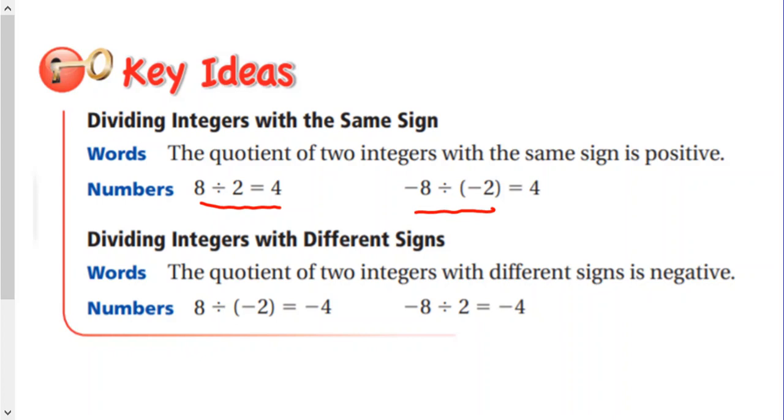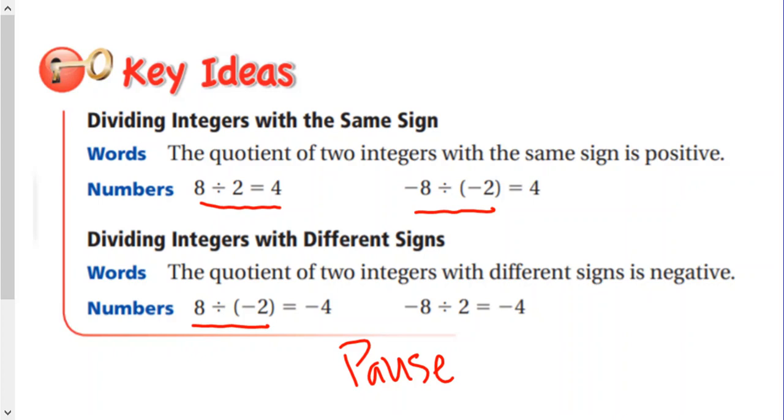And again, quotient is the answer that we get. So 8 divided by negative 2 will give you a negative 4, or a negative 8 divided by a positive 2 will give you a negative 4. Pause here and get these key ideas down in your math notebook.